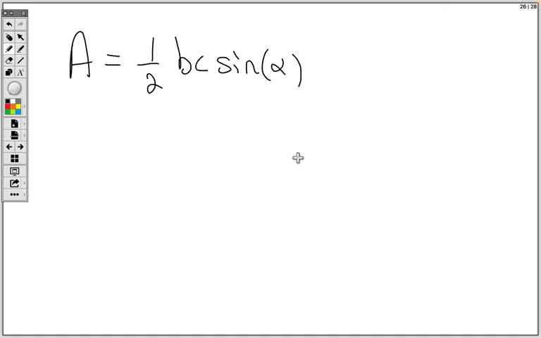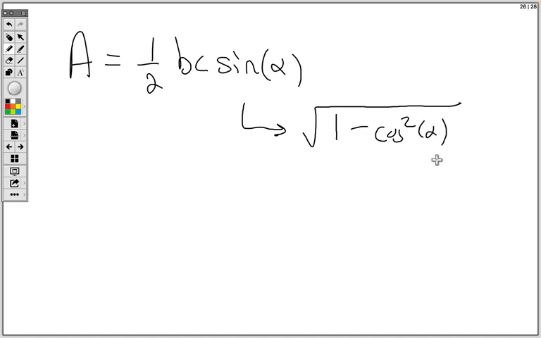One way to go about deriving Heron's formula analytically as opposed to just strictly geometrically is to use some identities here. The sine of alpha is the square root of 1 minus cosine squared alpha. That comes from the Pythagorean identity and the fact that alpha is an angle in a triangle, so the sine will always be positive.